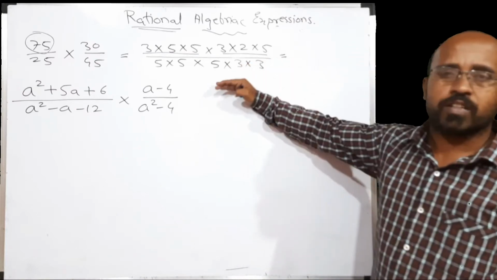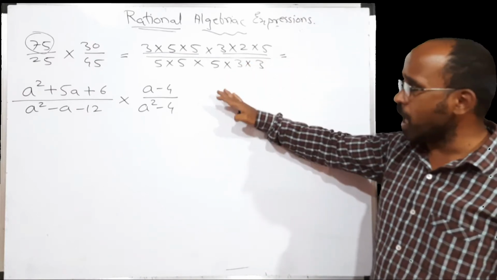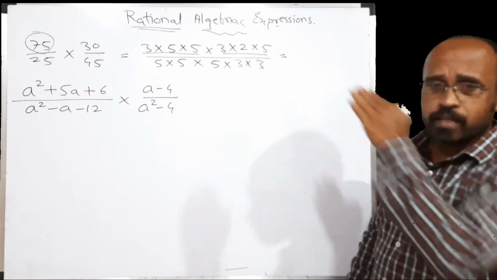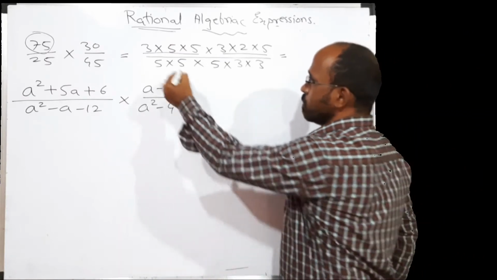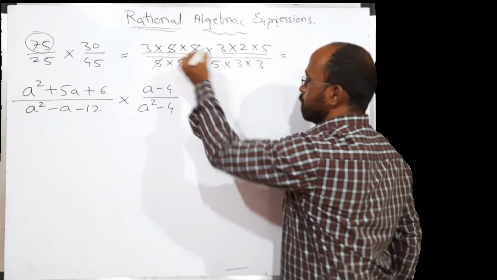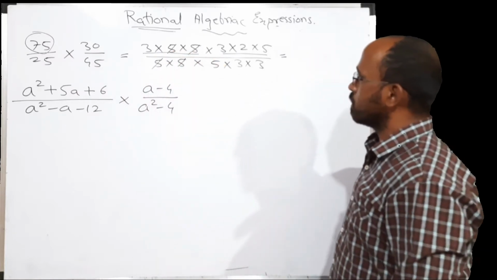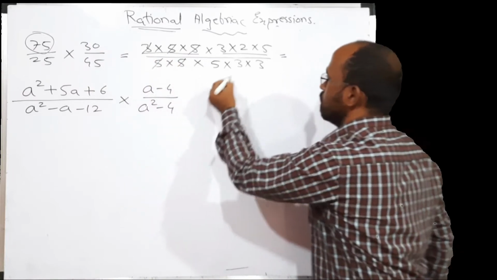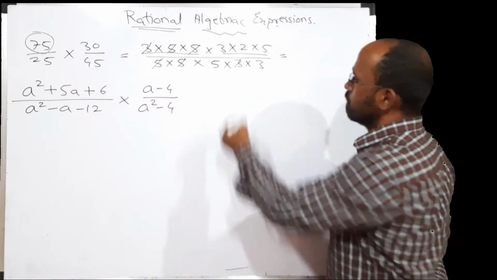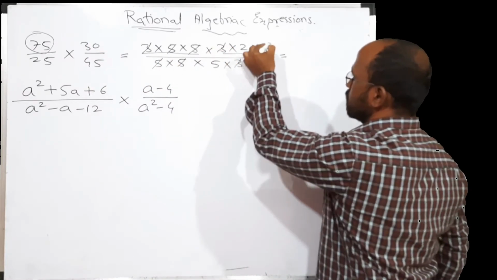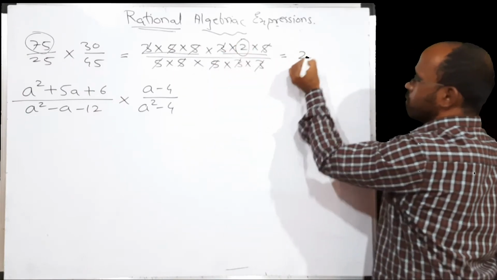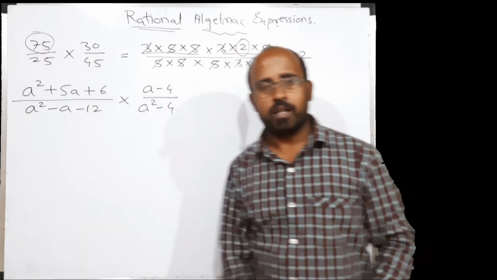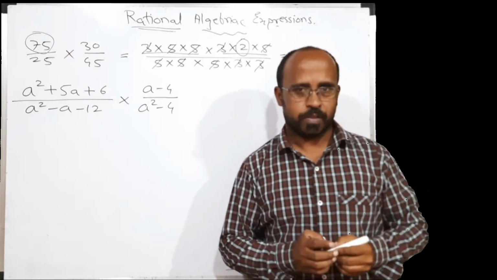Okay, and after that what we are doing, we are cutting the same factor from numerator and denominator. For example, this 5 will cut. After that this 3, this 3 will cut, this 3 will cut, this 5 will cut. So what remains? 2. So 2 is the answer of this whole rational numerical expression.